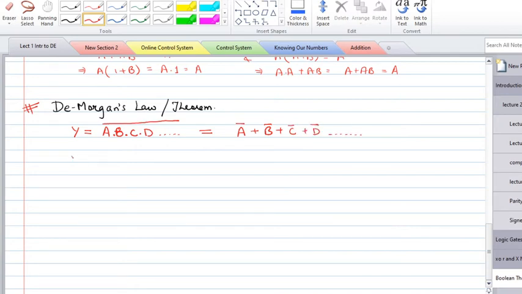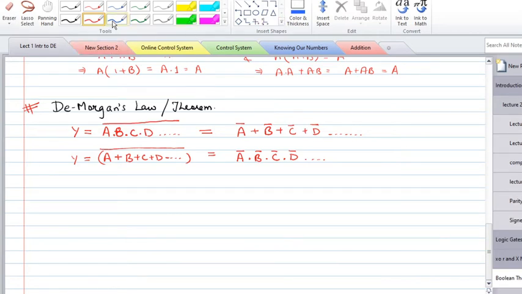And the second theorem is, if we have a NOR operation, then this can be written like this: A bar dot B bar dot C bar dot D bar and so on.